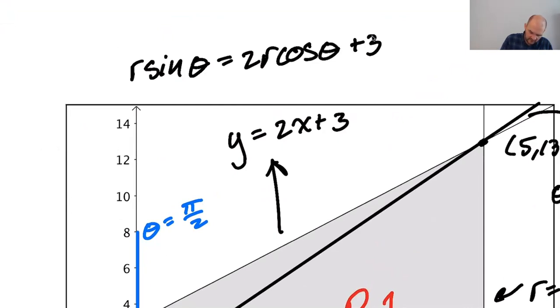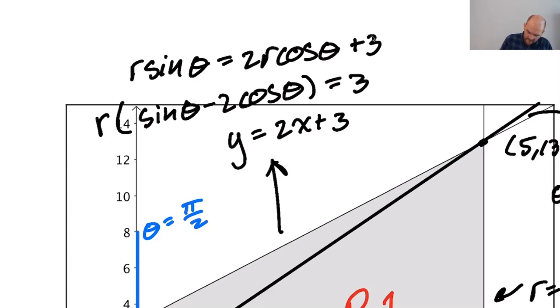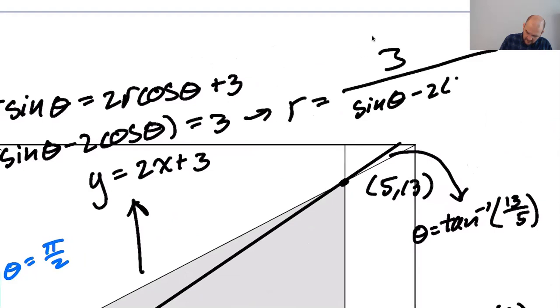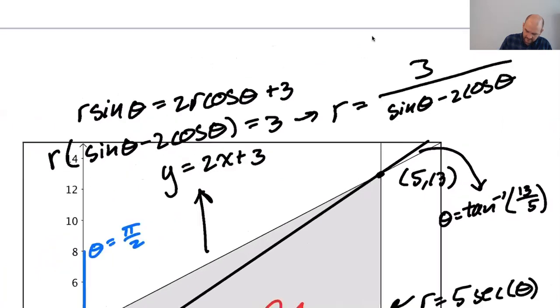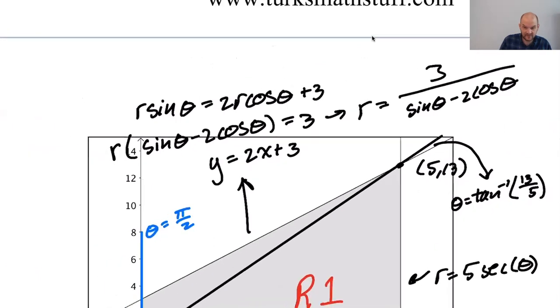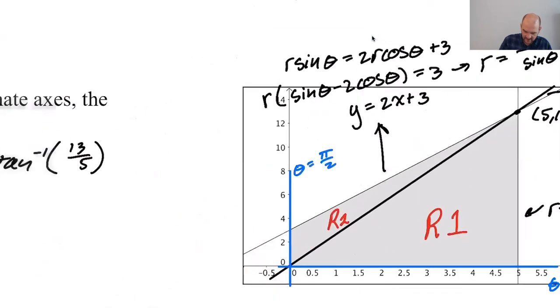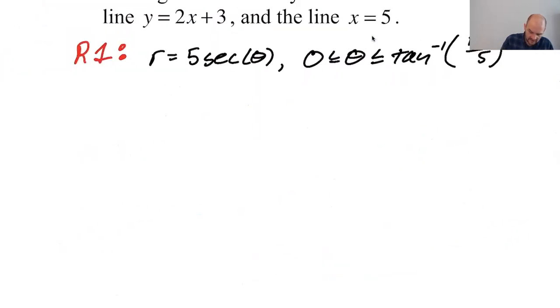Move over and factor r, and I get r times (sine theta minus 2 cosine theta) equals 3. So r is 3 over (sine theta minus 2 cosine theta). Okay, so let's describe region 2. Region 2 goes from the inverse tangent thing until pi over 2, and it's that weird function.